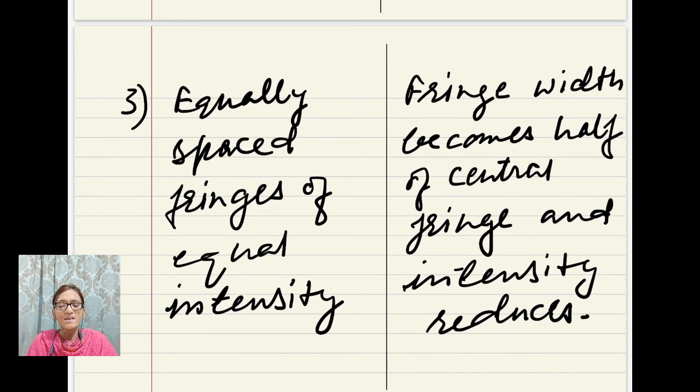Now, one last difference between the two: the fringe widths are of equal size and have the same intensity in the case of interference of light, whereas in the case of diffraction, fringe widths are of different sizes, and also the intensity of light varies from one fringe to another fringe.